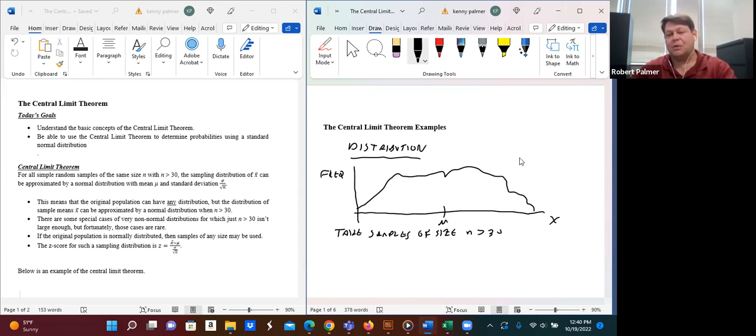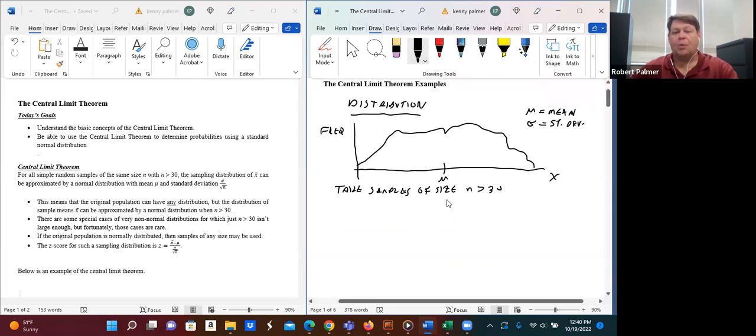It has some standard deviation, sigma. Now, we're going to take random samples of this of size 30. And I should say randomly, that's important. As long as they're larger than 30. And as we'll talk about, this isn't really a law of math. It's just something that's been found in practice to work.